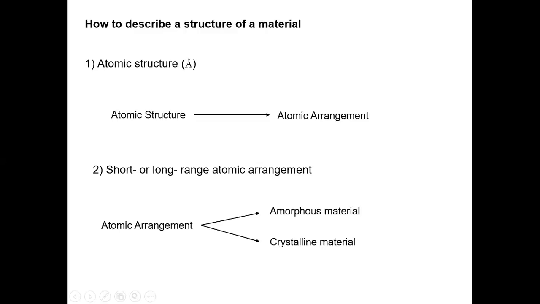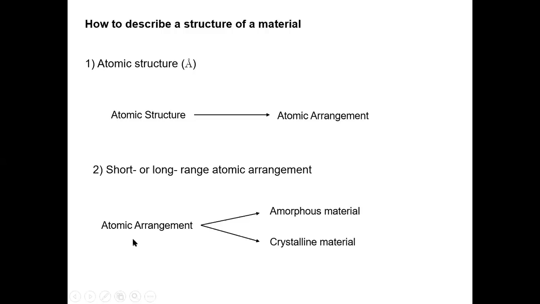Then this is another way of describing the structure of a material, that is how those atoms are arranged in short and long range order. That means we call it atomic arrangement.